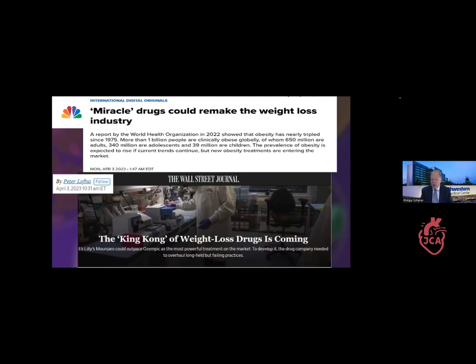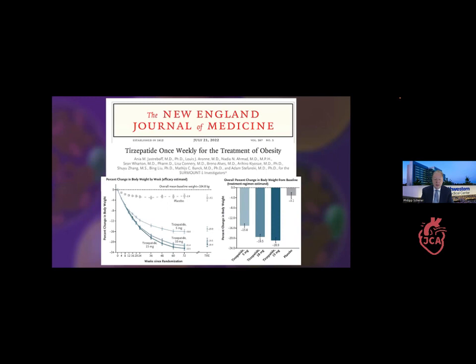The next generation that came up and is approved now will be the dual agonists. Those are agonists that act on the GLP-1 receptor axis along with the GIP receptor axis, and activate both of these. And of course, with these interventions, we appreciate that we can get with relative ease and with relatively limited side effects, a weight loss of up to 20, sometimes even 25%.